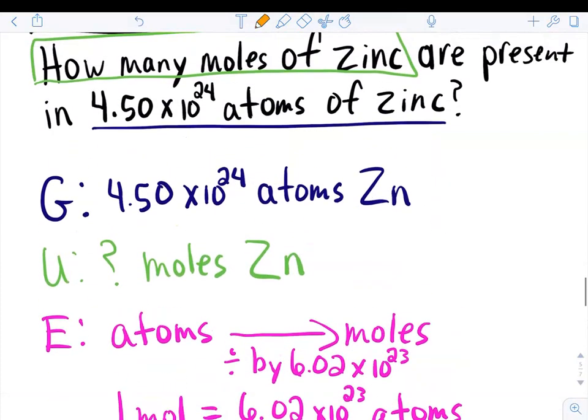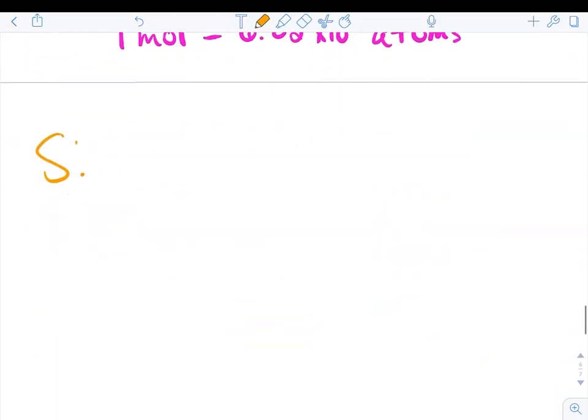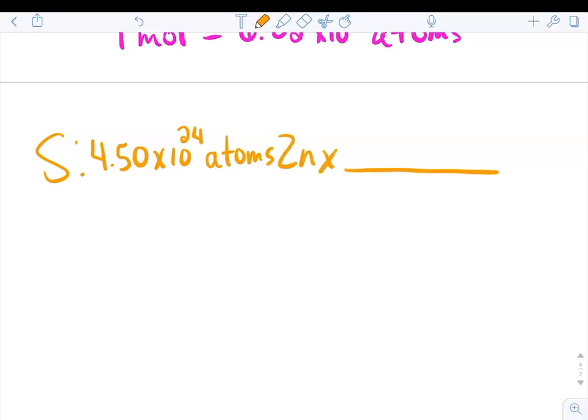In this case, we're going to start out with our 4.50 times 10 raised to the 24th atoms of zinc. If I start with atoms of zinc on the top, that means atoms of zinc has to be on the bottom, and then mole of zinc will be on the top.